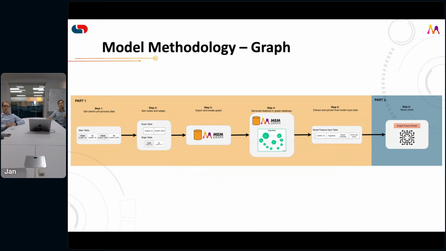Then after that, you would have your edge table, where you connect the links that are in your node table. As soon as you have this, which is the hard work, you then import that data into Memgraph itself, and we are very impressed with the import speed.